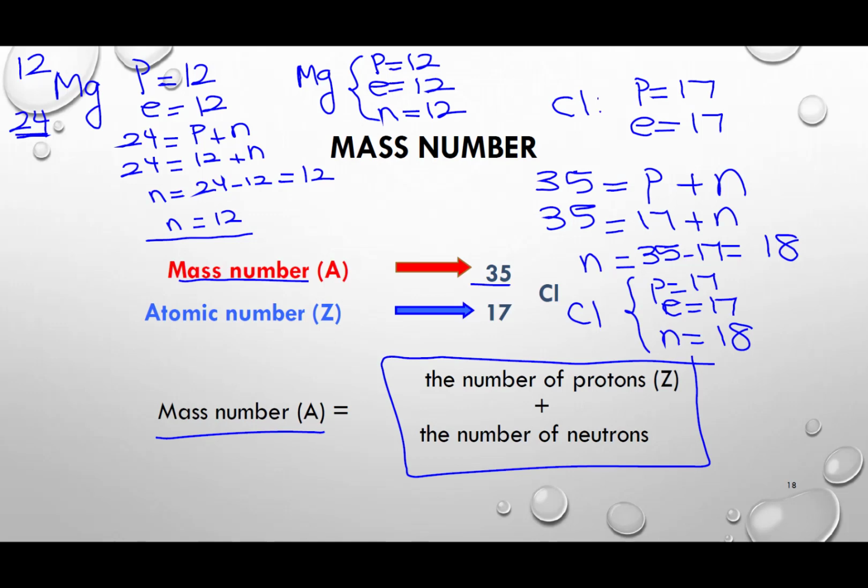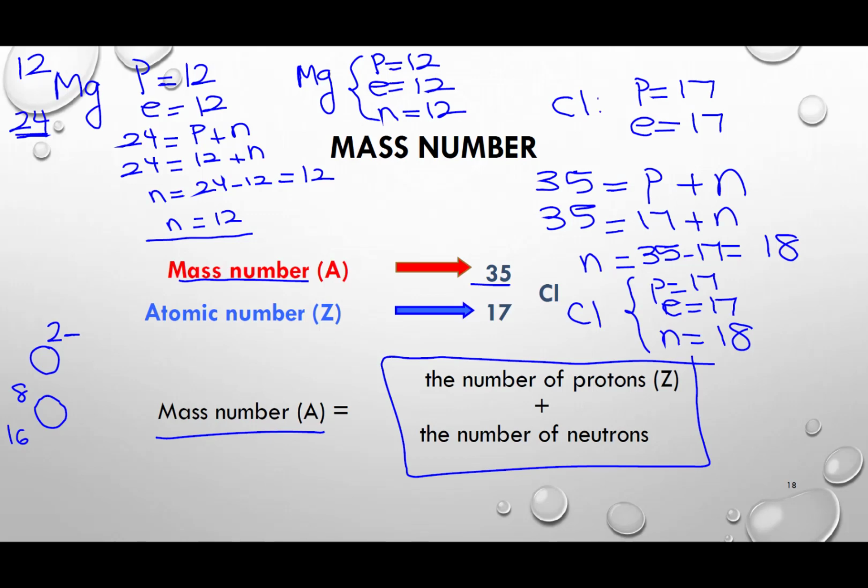Now let's talk about a charged species, like this: oxygen, which is 2 negative. Now it's charged. But what you want to do is look at the periodic table. Look at the atom oxygen on its own, which is 8 and 16. As you could see here, the number of protons never changes.